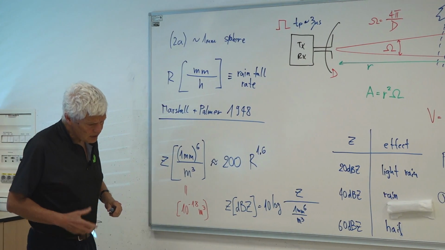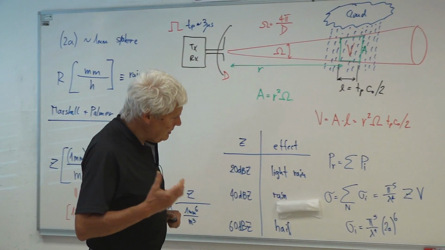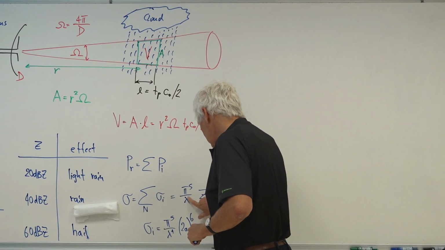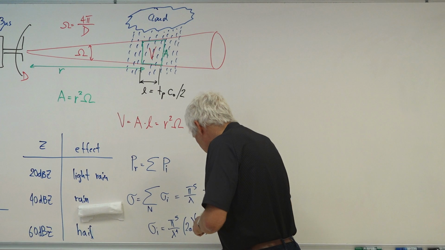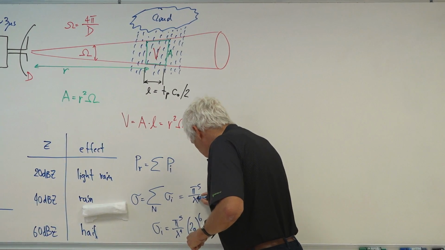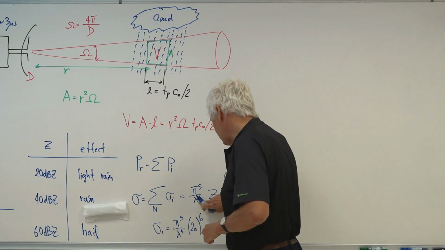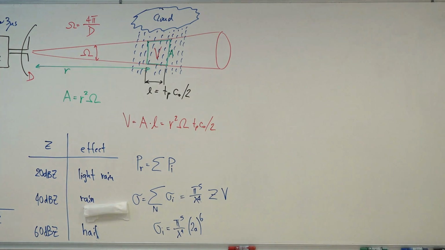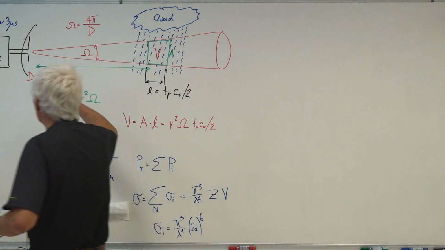I'm not interested in what the raindrops are, only in their average radar cross-section. Here is lambda to the 4th power, I just want to rewrite it better because it was not nicely written. So I have now everything ready for my calculation. So I have a certain transmit power here.